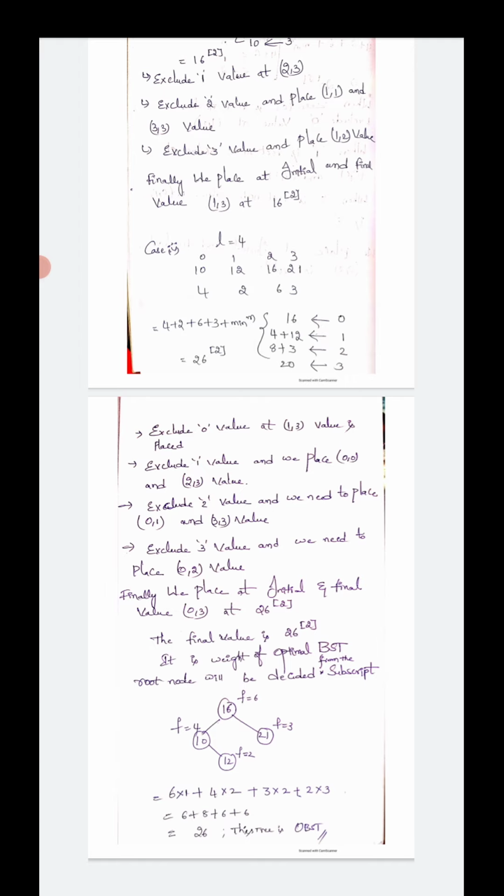How can we draw this diagram? 16 is the root node, decided from the subscript.